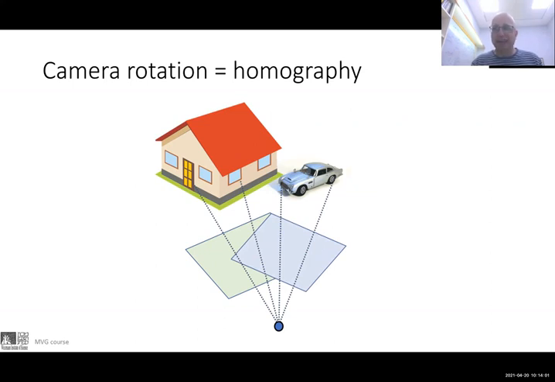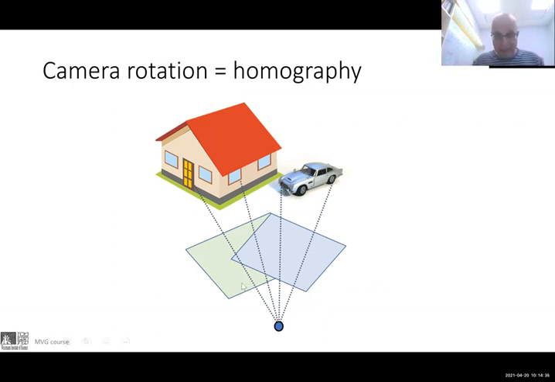I don't change the rays, because the rays are determined by the focal center, all the lines that go out from the focal center. This means that if this building is at some distance from the focal center, it remains at the same distance after rotation. And so we didn't get any new information about the depth, and this projection doesn't allow us to know about depth.